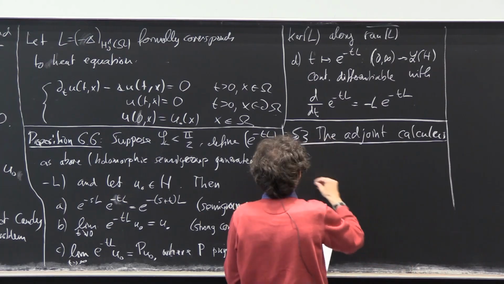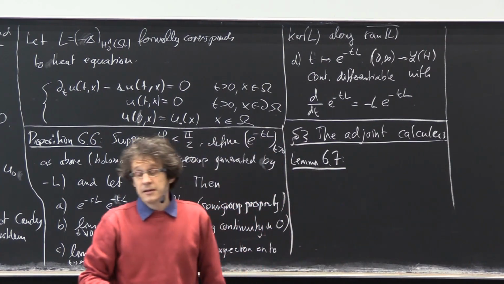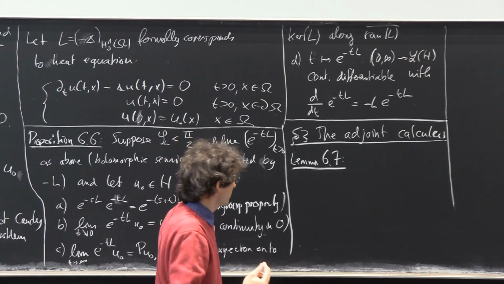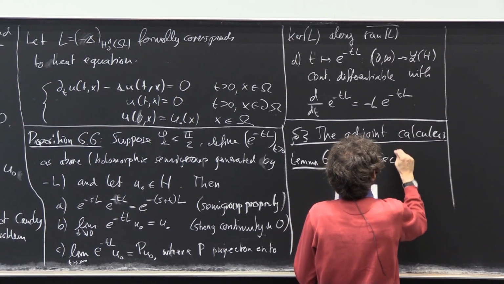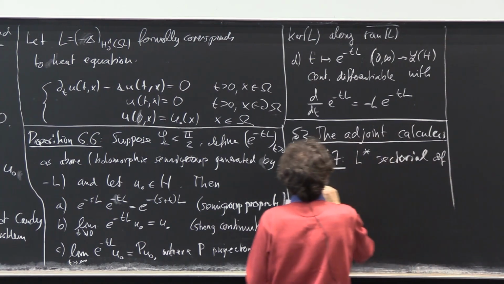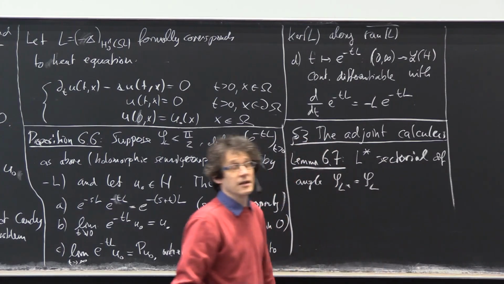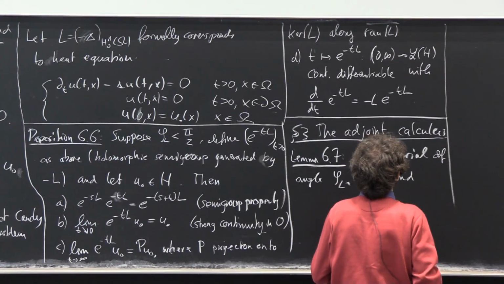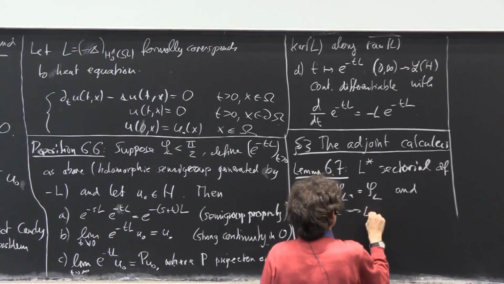The first thing to make sure is that the adjoint has all the nice features of L. So this is the first lemma. I will show that if L is sectorial, then also L star is sectorial, and the angle is the same. So the sectoriality angle of L star is the same as the sectoriality angle of L. And we will also see that the property of the operator being injective is maintained.